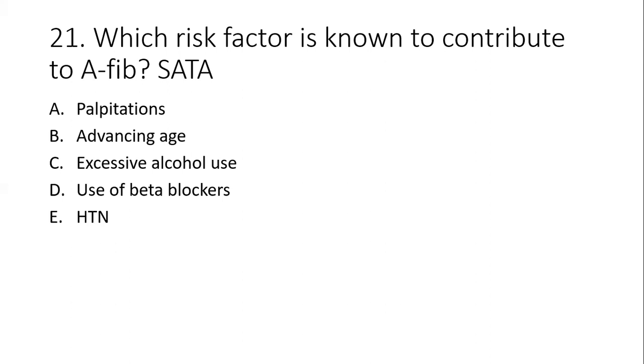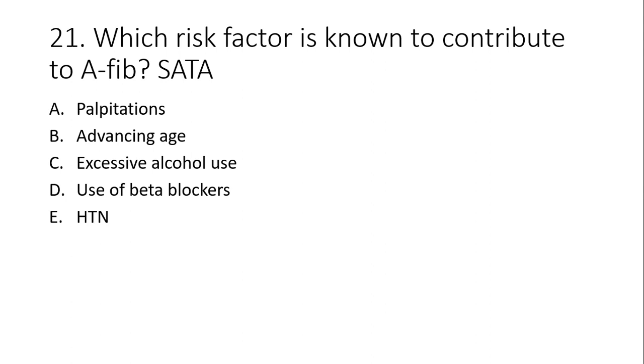But palpitations is no, because that's more so a symptom of AFib. If you have an occasional PVC, you're too stressed out, you smoke too many stogies, you could get a palpitation.